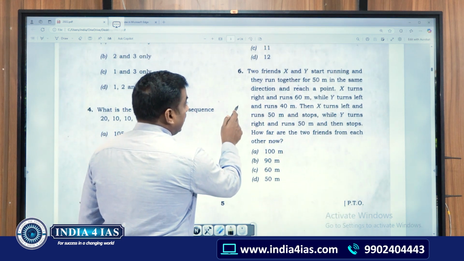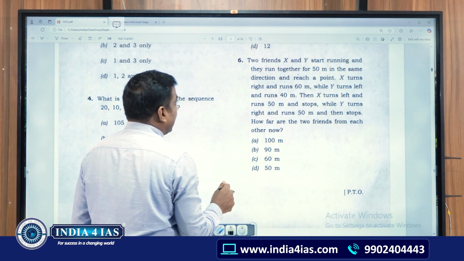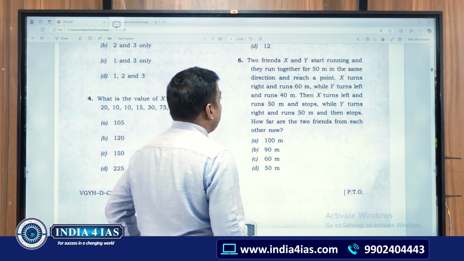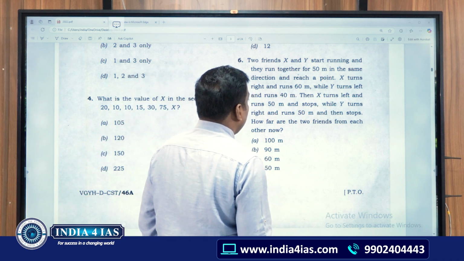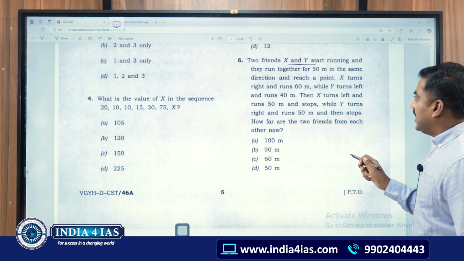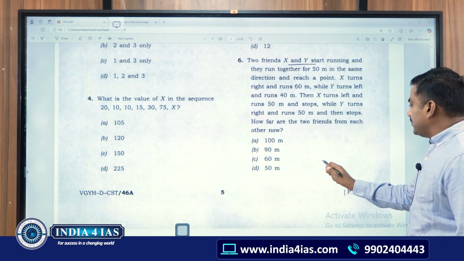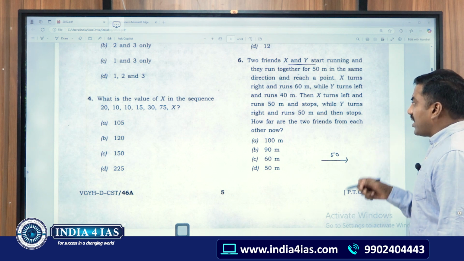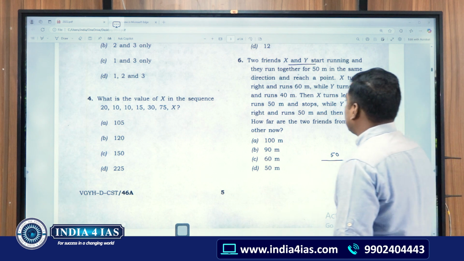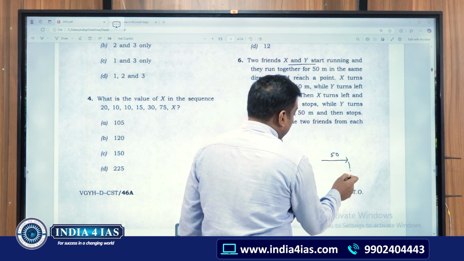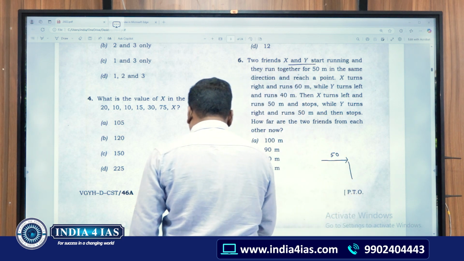Two friends, X and Y, start running and they run together for 50 meters in the same direction and reach a point. When they don't give the direction, take it to your right.